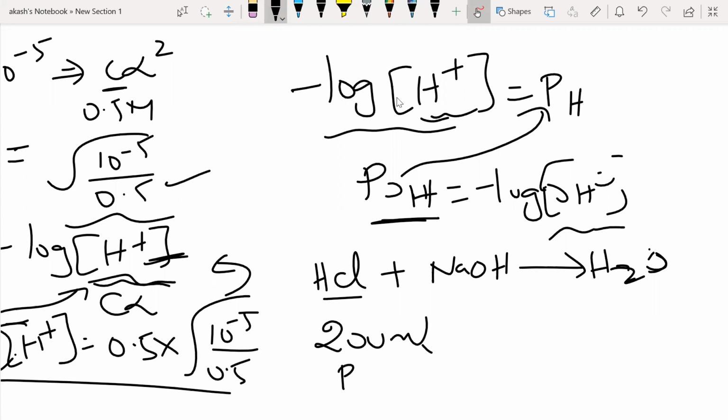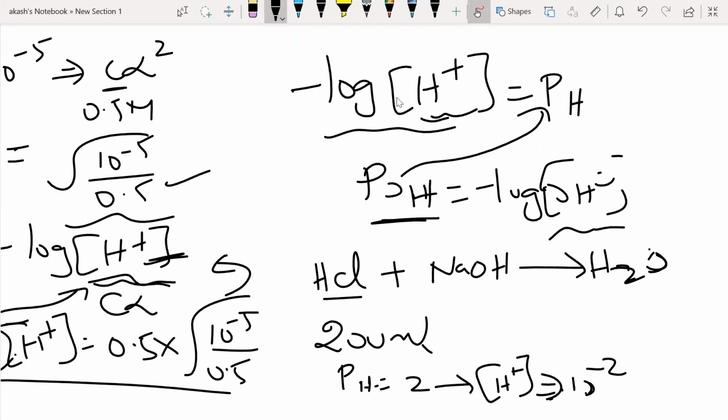And they have given the pH to be equal to 2. Or can I say that the concentration of H plus from this, I can write as 10 to the power minus 2. Okay, 10 to the power minus 2 is the H plus concentration.